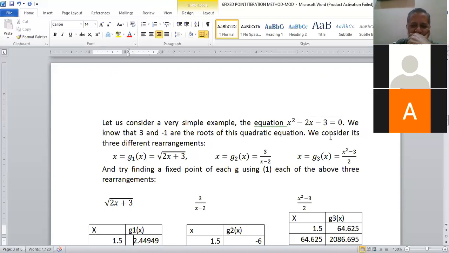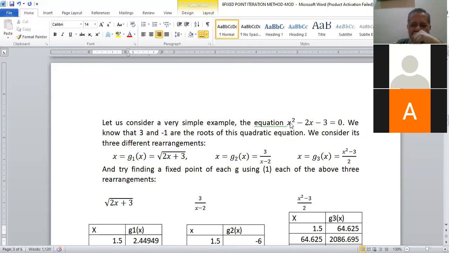And we consider its rearrangements in this form. Take x squared on one side, 2x plus 3 on the other side, and take the square root. That is one rearrangement.